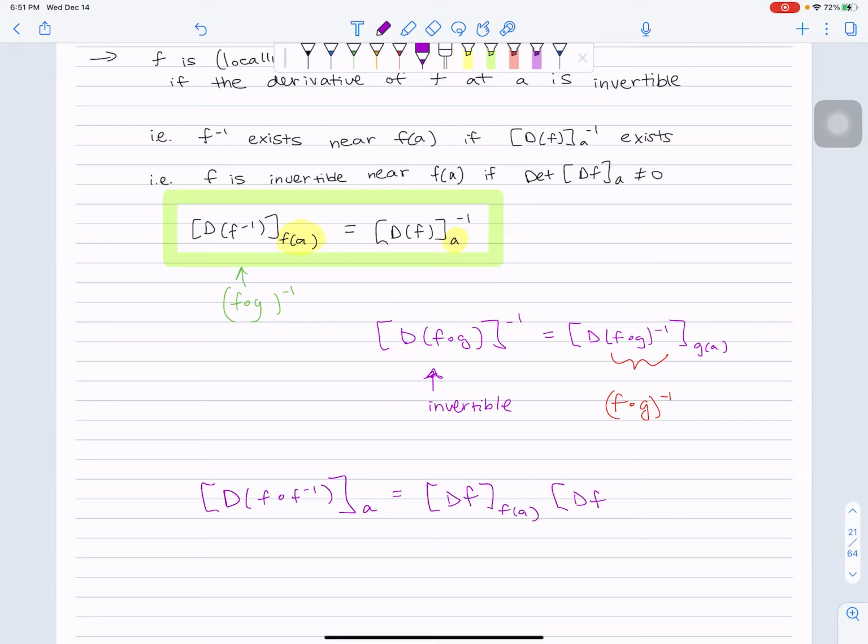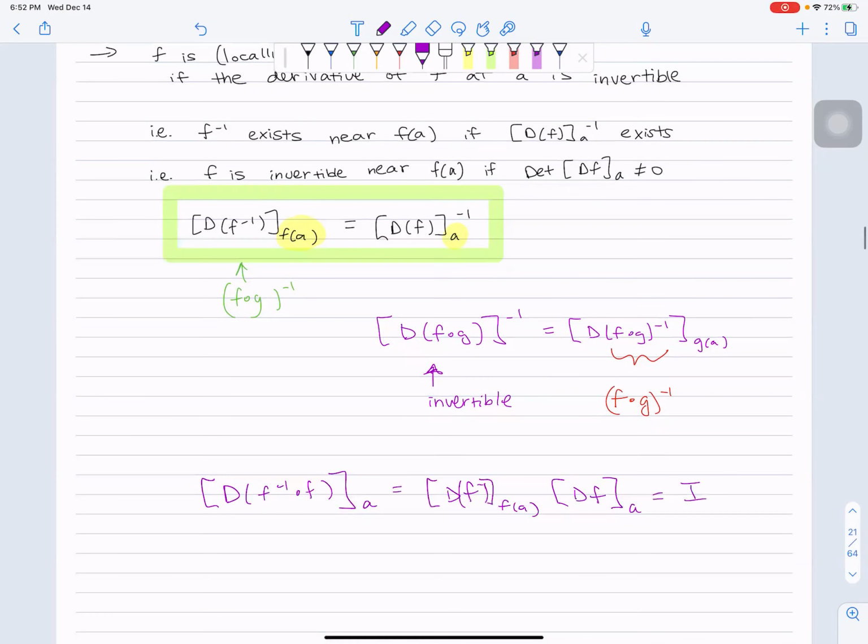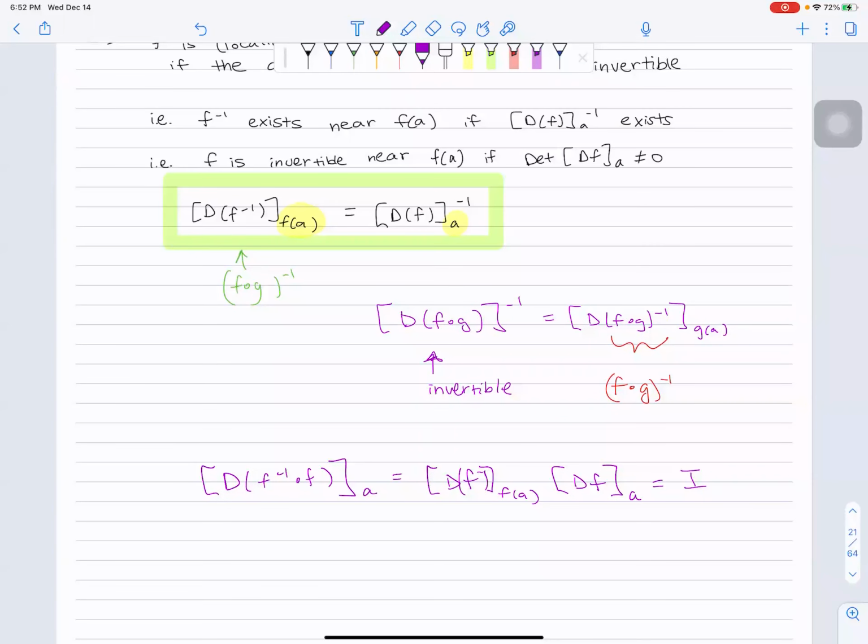So I got the order a little bit mixed up. Let me do f inverse of f. That equals df at A, and that equals the identity matrix because they're invertible. So that means that df inverse at f of A equals df A inverse. That's by the chain rule.